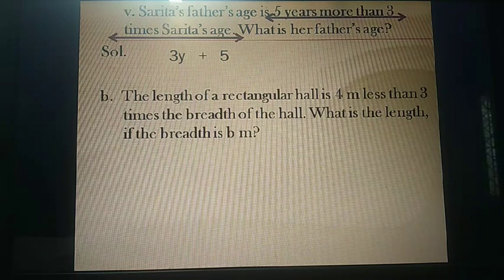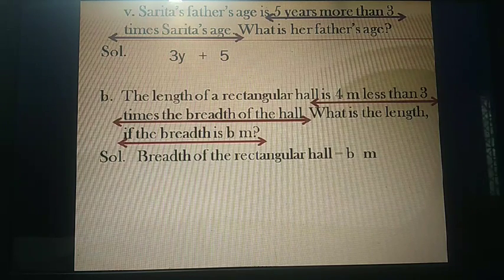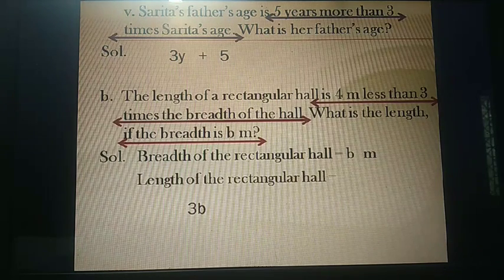What is the length? If the breadth is b meter. So first, breadth is given to you as b. We have to write length, which is 4 meters less than 3 times the breadth. So 3 times breadth means 3b. 4 meter less means minus 4.